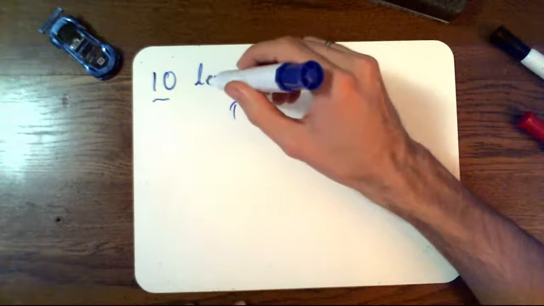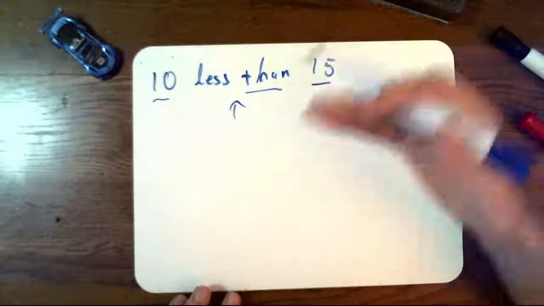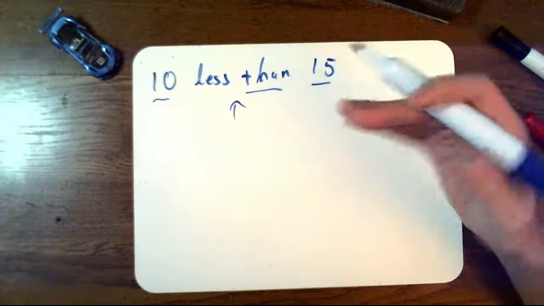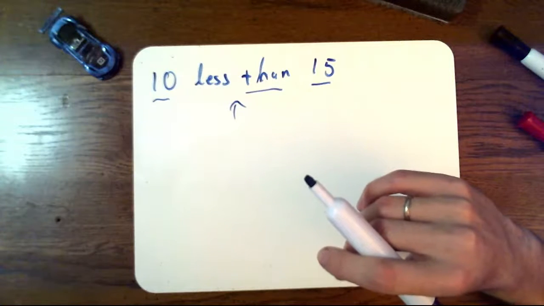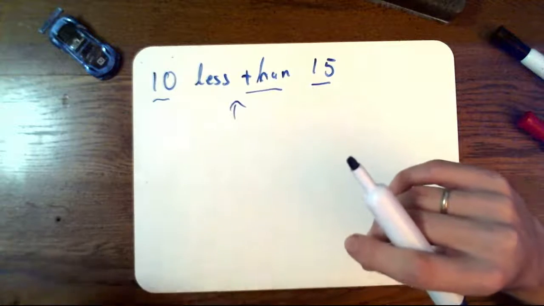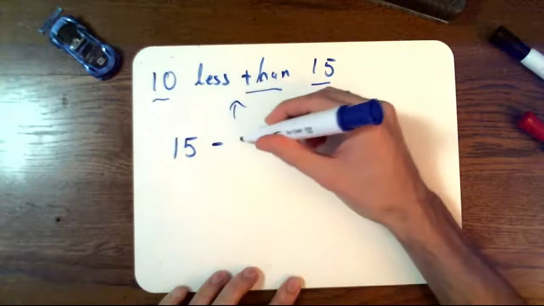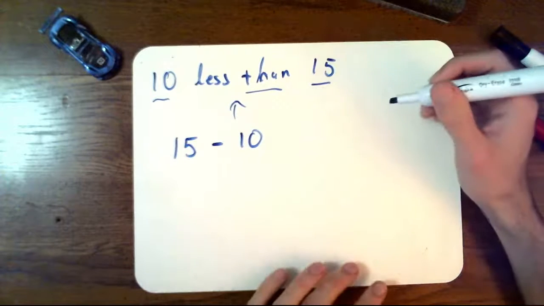You know less means subtraction, but 10 less than 15, even in the English language, is weird like that. Because if I say 10 less than 15, that assumes that I started with 15 and I'm taking 10 away from it.